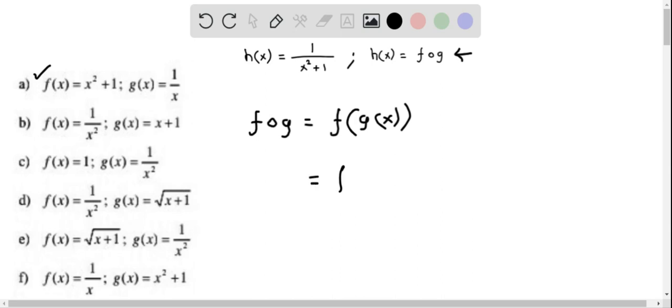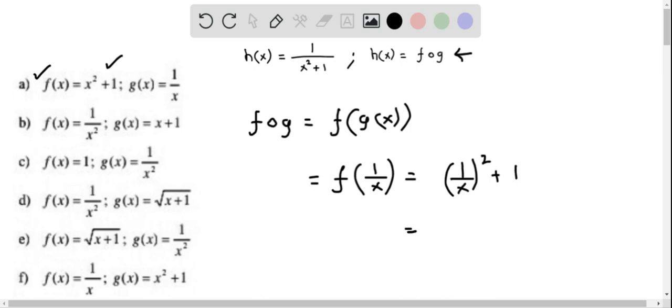Since g of x is 1 over x, we have to replace x in f of x by 1 over x. We have f of x equals x squared plus 1, so in place of x we replace 1 over x. So this becomes 1 over x quantity squared plus 1.